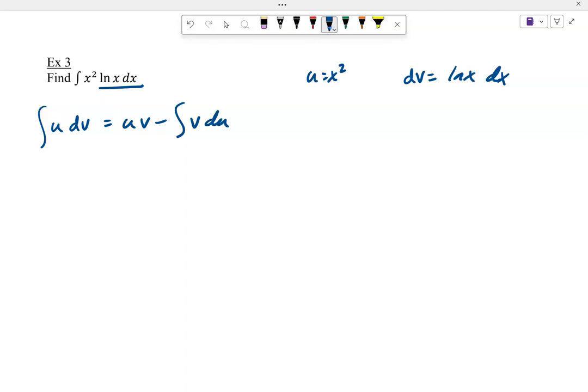Let's say I did that for a minute. Well, do I have a formula for the integration of the natural log? No, I don't. So I'm not going to pick that. That's not going to work for me, right? Bad choice. So I'm like, well, I can't do that. Scratch that idea.